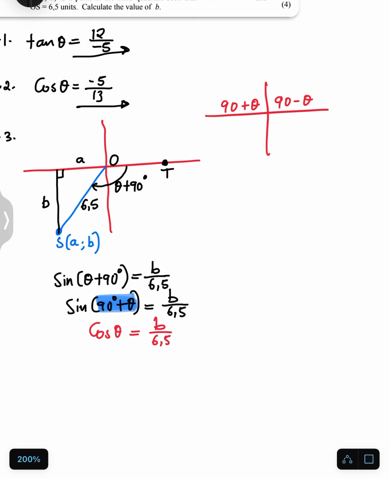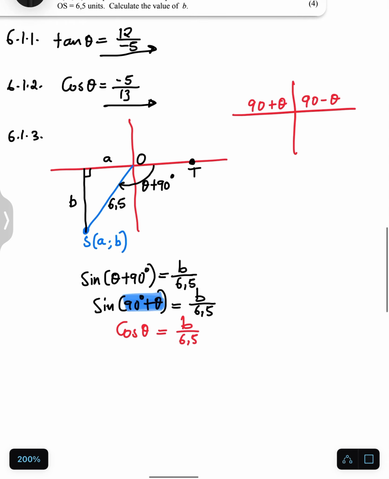But now, using the previous answer, 6.1.2, we said cos theta is negative 5 over 13. The reason we substitute negative 5 over 13 on the left hand side is because the ratio is the same, since both are cos.